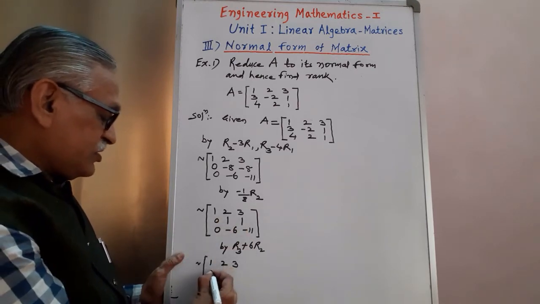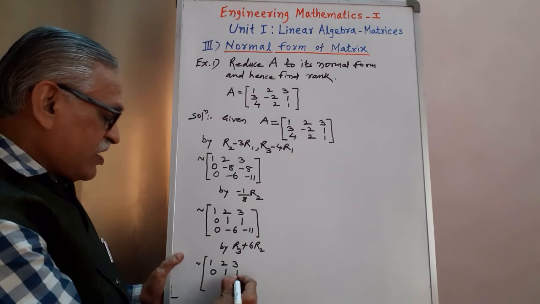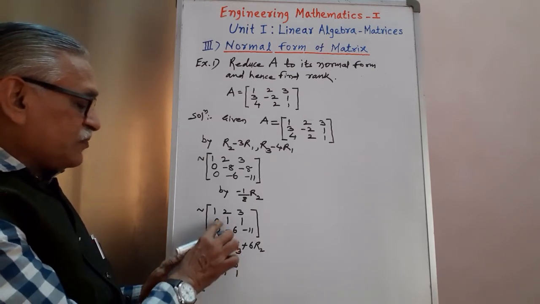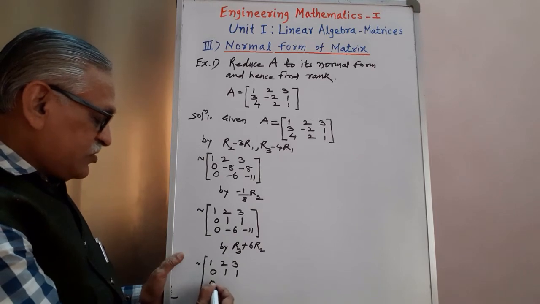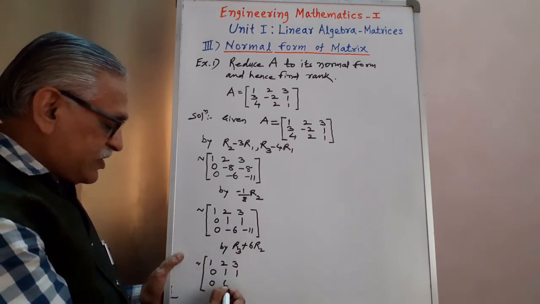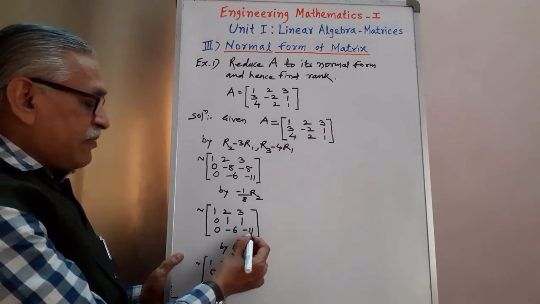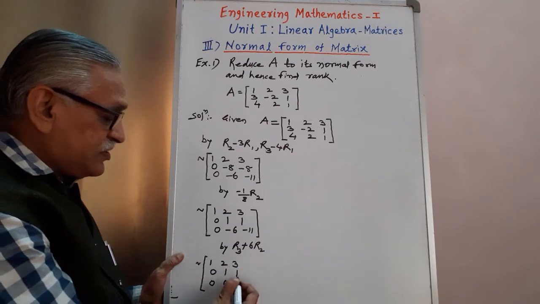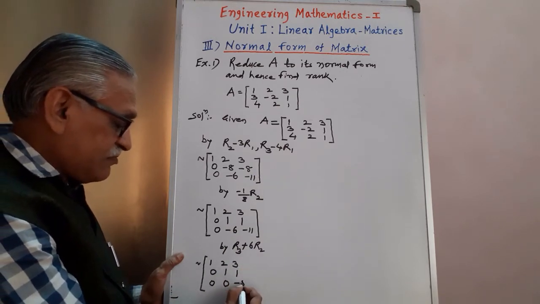The second row also has no change, 0, 1, 1. Then 0 plus 6 times 0, we get 0. Minus 6 plus 6 times 1, we get 0. Minus 11 plus 6 times 1, minus 11 plus 6, we get minus 5.